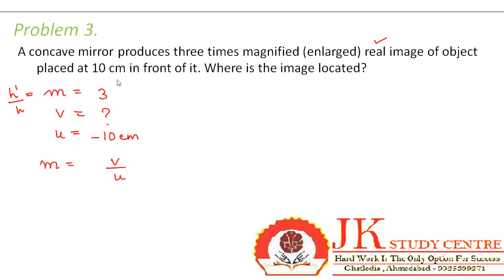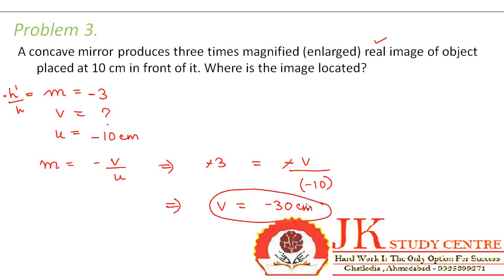That means the real image is always inverted, so your magnification should be negative because h' will be negative, right? So this magnification becomes -3. We know that magnification is equal to minus v by u, so -3 equals minus v divided by -10. So from this we can say that v comes out to be -30 centimeters.